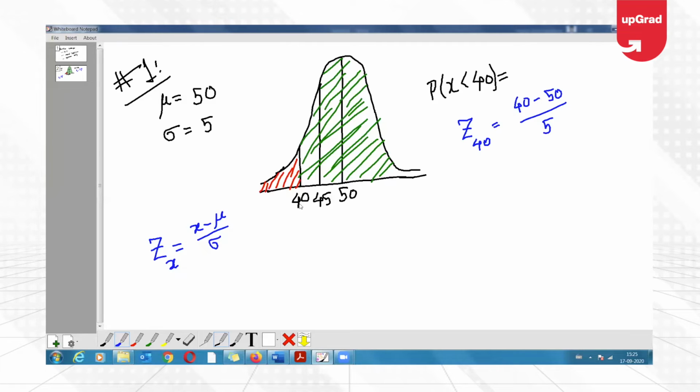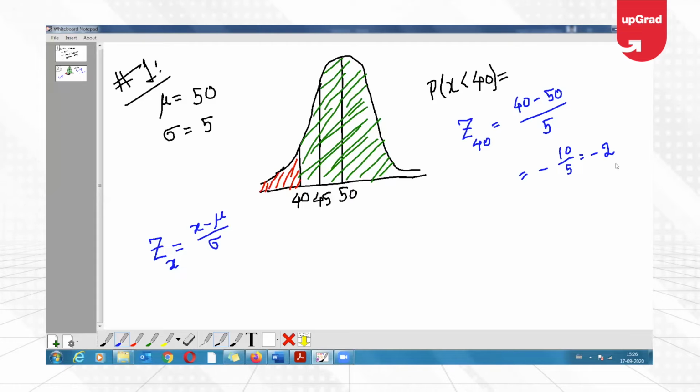Though intuitively we can see that it has to be minus 2, still let's calculate. This is minus 10 by 5 equals minus 2. So now we know the z-score of 40 is minus 2.